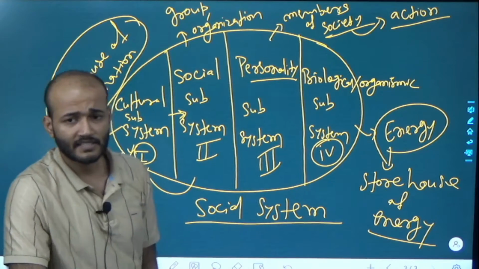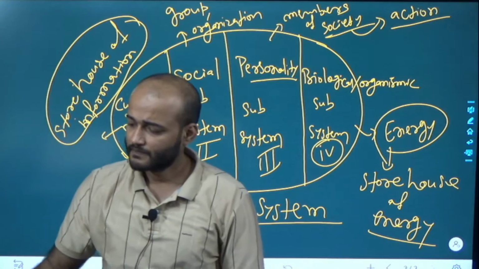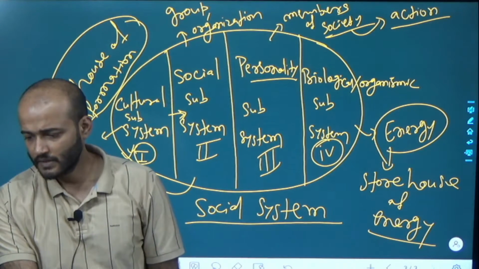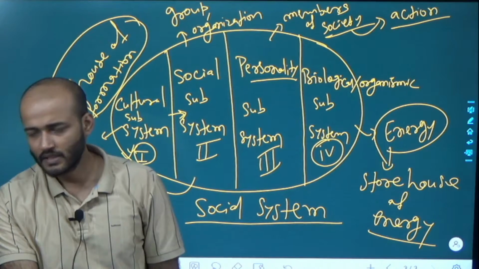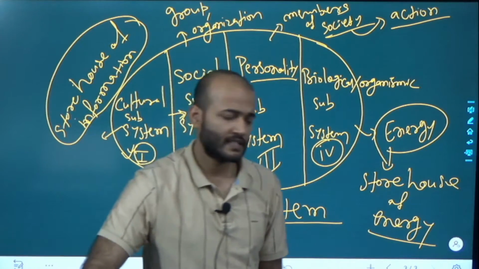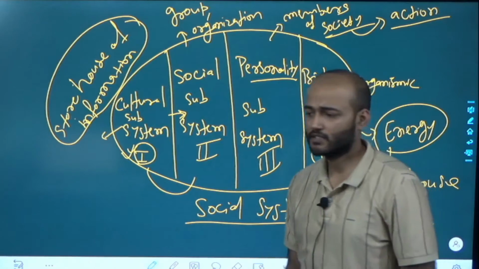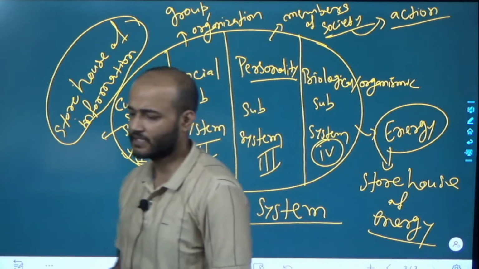कल्चरल सिस्टम लिख लीजिए, कल्चरल सिस्टम। Cultural system, it constitutes the normative pattern in society.